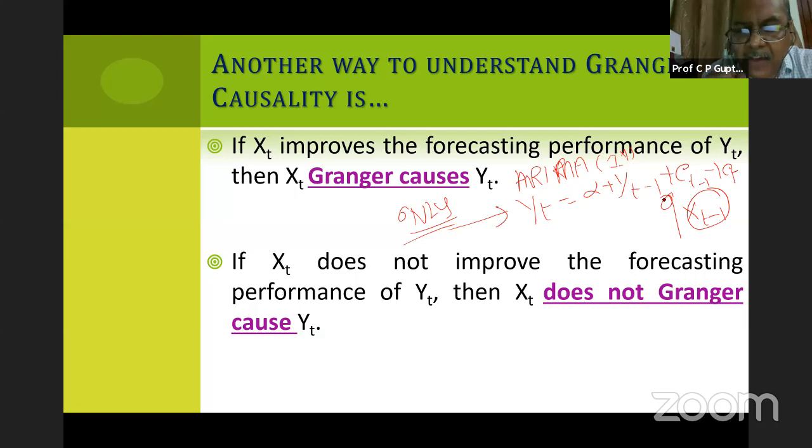If X_t does not improve the forecasting performance of Y_t, then X_t does not Granger cause Y_t. So friends, I hope you are able to appreciate the concept of Granger causality.